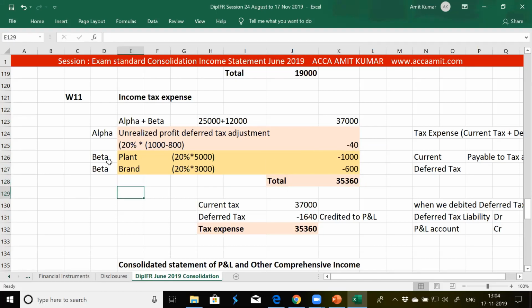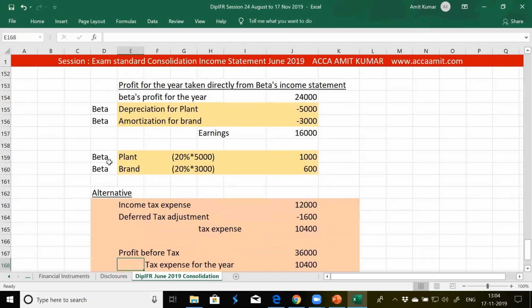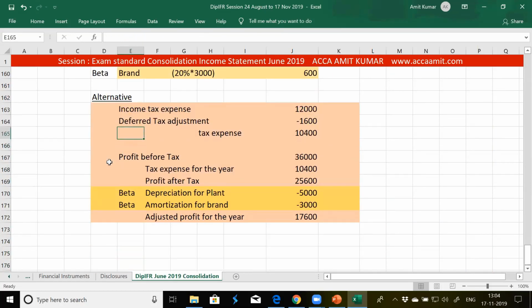If I apply the same logic for knowing the tax adjustment to be done in the profit for the year belonging to NCI, the income tax expense is 12,000. Deferred tax adjustment, like we reduced it from the total tax expense of consolidated tax expense, we reduced 1,600. There we reduced it from the total tax expense.